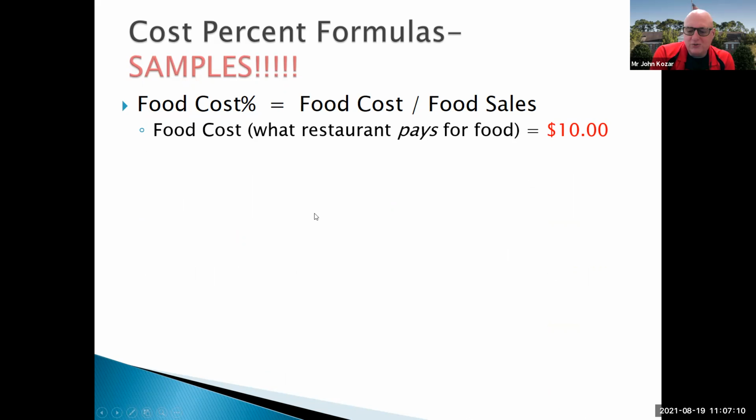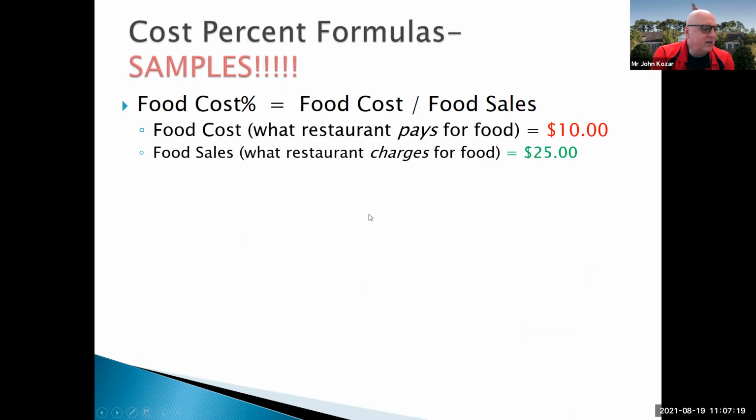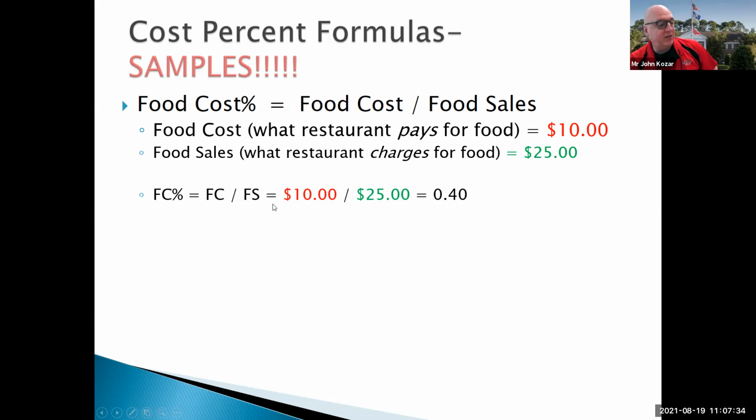Our food cost for a particular item that we have in the restaurant, we pay a total of $10 for this plate. The food sales, that's what we charge for the food, or the menu price. In this example, it's $25. So the food cost percentage would be the food cost divided by the food sales, which is $10 divided by $25.